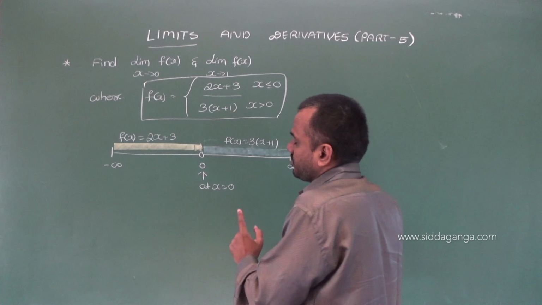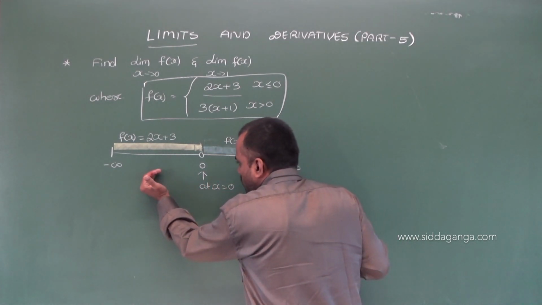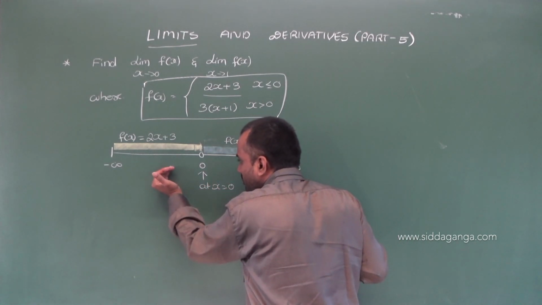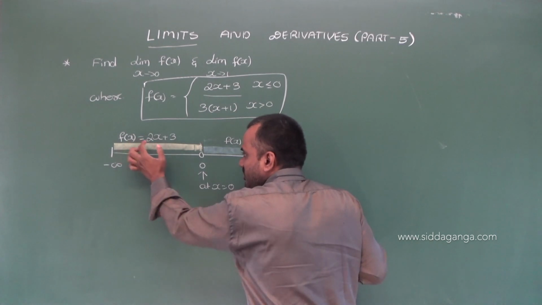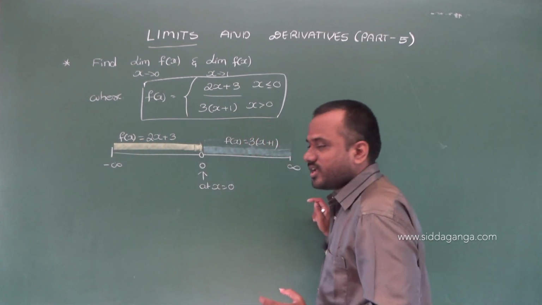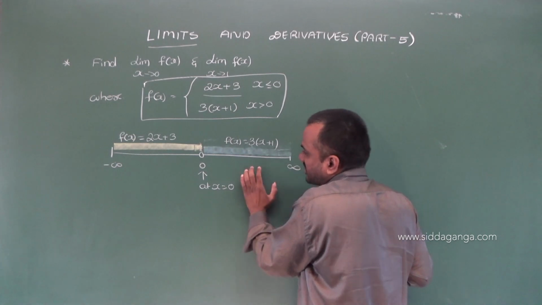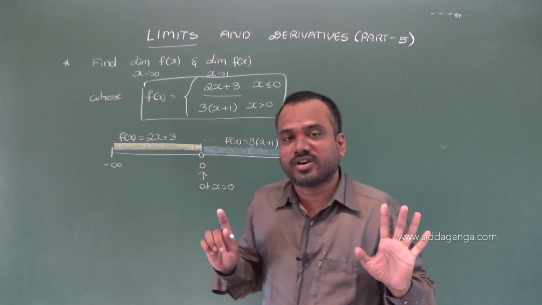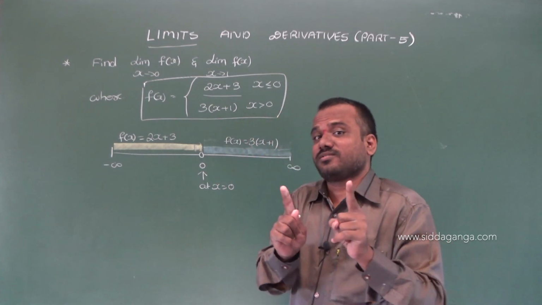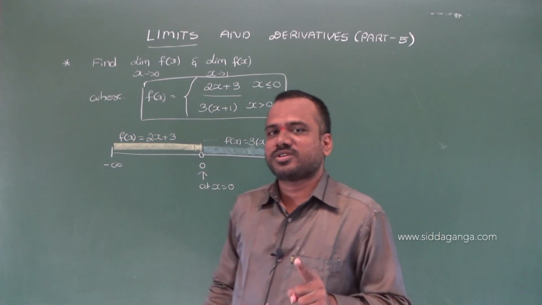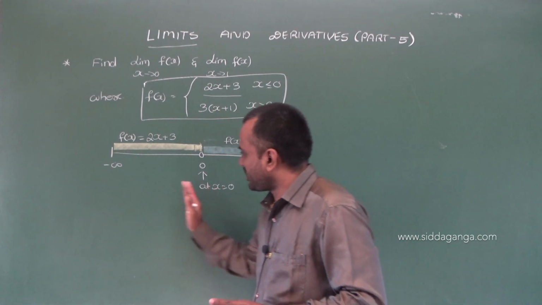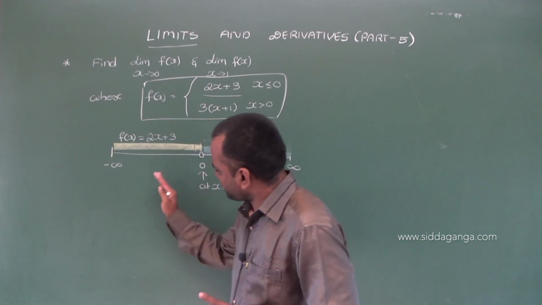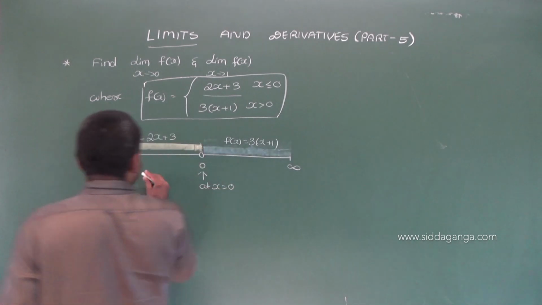But here, if we approach x equal to 0 from the left side, the function is 2x plus 3; from the right side, the function is 3 into x plus 1. Different functions are given. In this case, a very important concept, we find separate limits. For left side approaching, we call it the left hand limit.